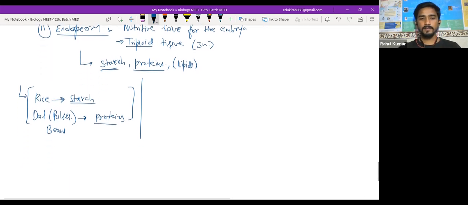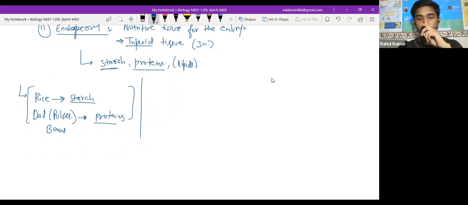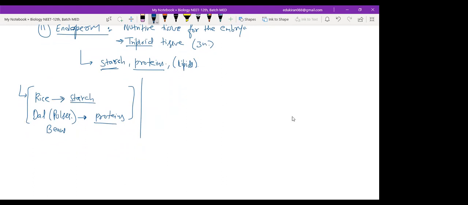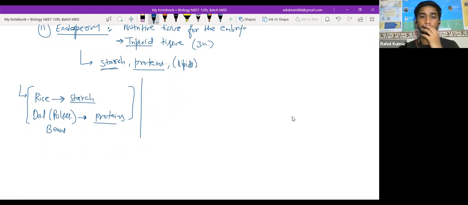So if you have seen a sprouting seed, what is the color of the sprouts that come out of, let's say, moong dal or any dal? White or yellow. Yes, they are whitish. They become green after some time, but they are not green when they are coming out.